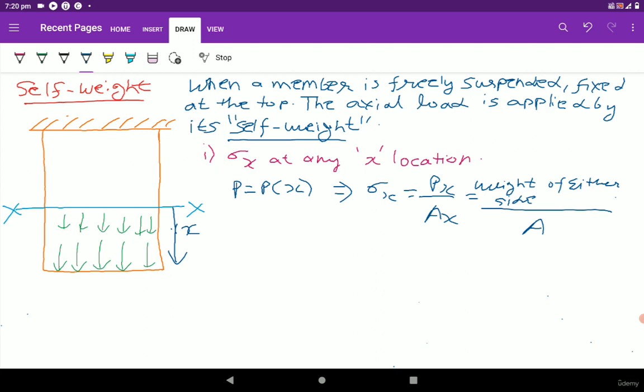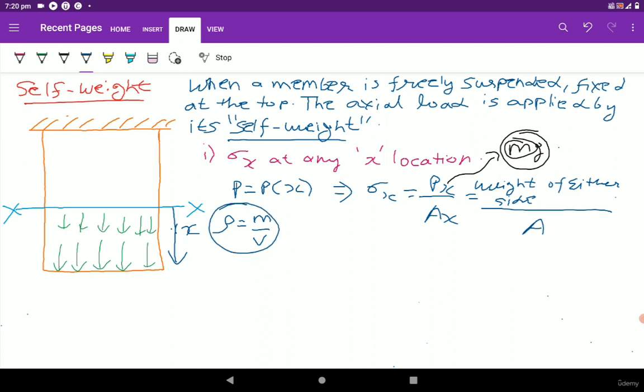So here we know that the density is equal to mass upon volume. So Px generally can be calculated by the equation mg. That is the self weight. Px is the self weight, that is mg. In order to calculate the value of m, we are going to use this equation.